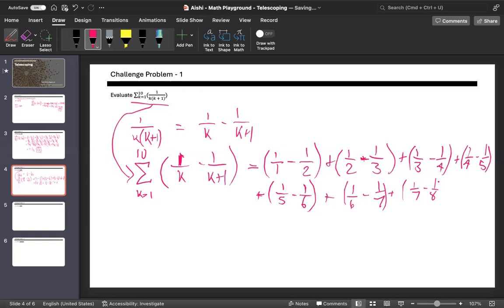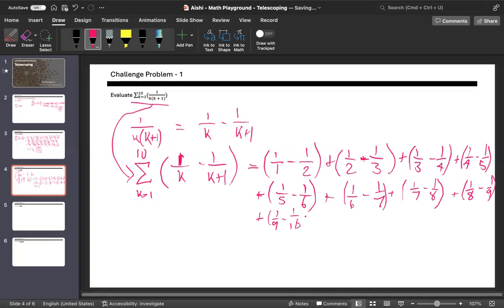Oh my God, I'm about to break my wrist. 1 by 8 minus 1 by 9 plus 1 by 9 minus 1 by 10 plus 1 by 10 minus 1 by 11. Okay, so that's that.